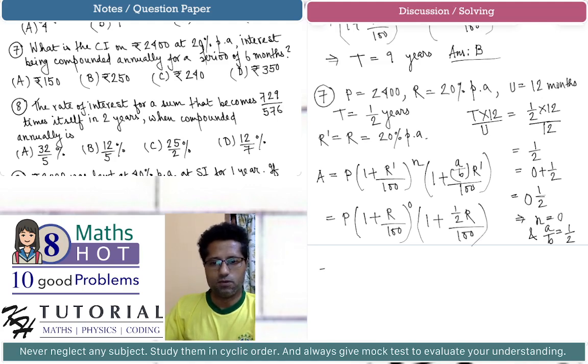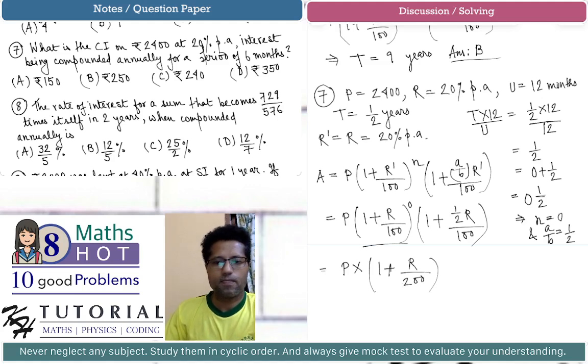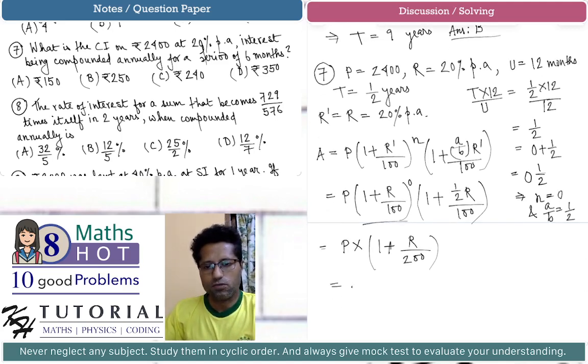This whole part becomes 1 because anything to the power 0 is 1. So P multiplied by 1 plus r by 200. So this is equal to, P is 2400.